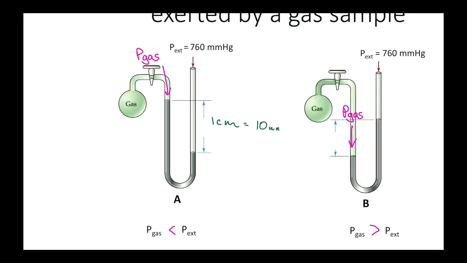10 millimeters. So if this height is 10 millimeters, what is the pressure of the gas? Is it 770 or is it 750? Yes, it is 750. Let's think about it.